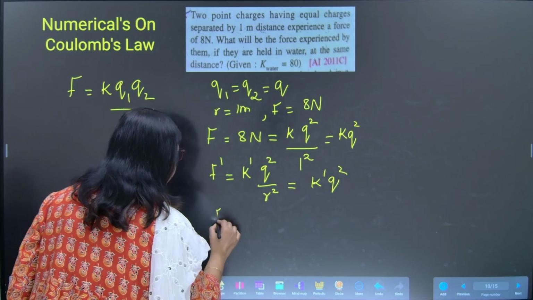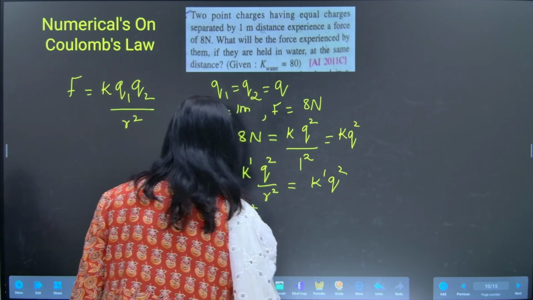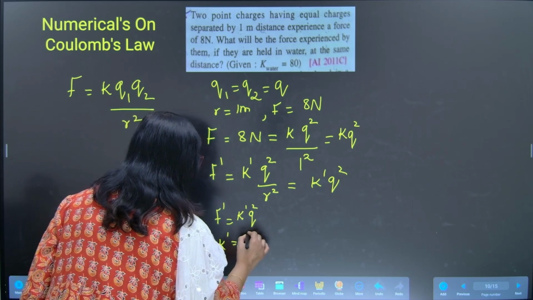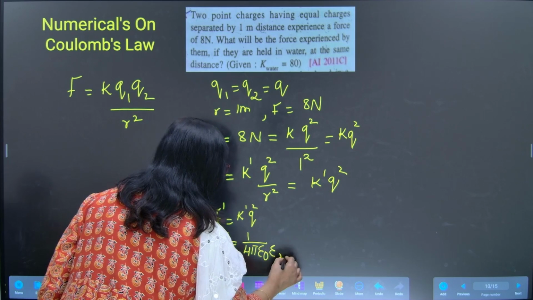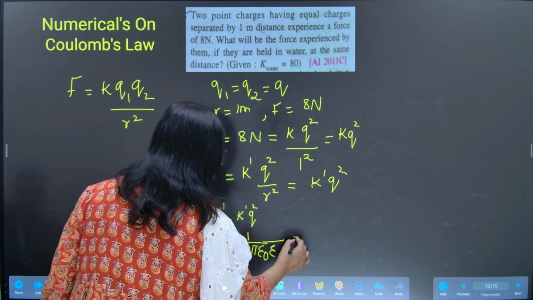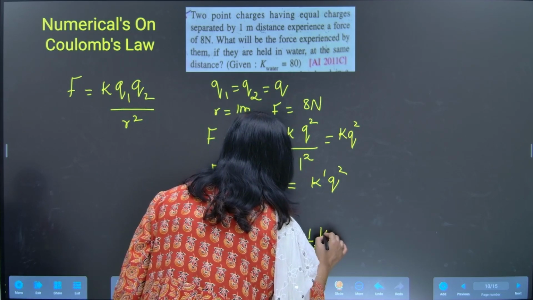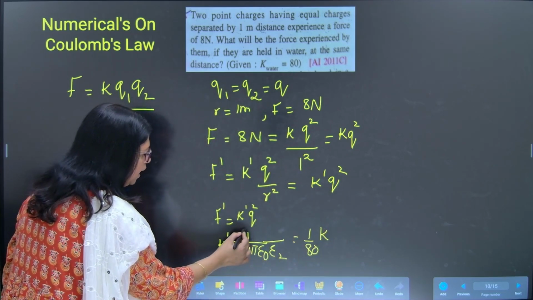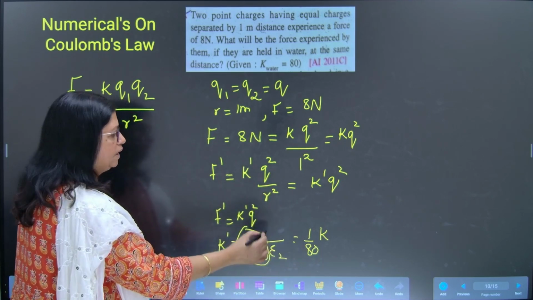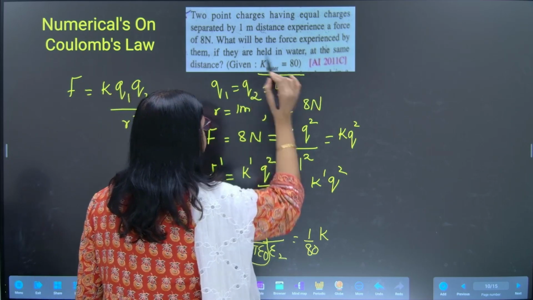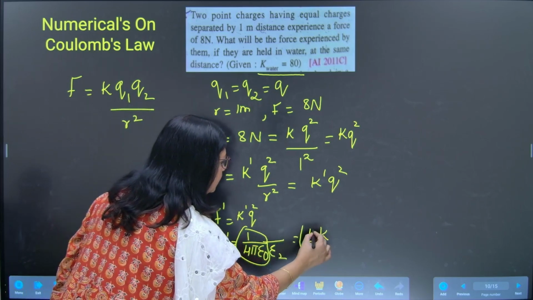So now I have F dash is equal to K dash Q square, writing K dash as 1 upon 4 pi epsilon naught epsilon R. We have K dash is equal to 1 upon 80K, where I have written 1 upon 4 pi epsilon naught as K and epsilon R is substituted as 80, which is given to us. So we have K dash is equal to 1 upon 80K.